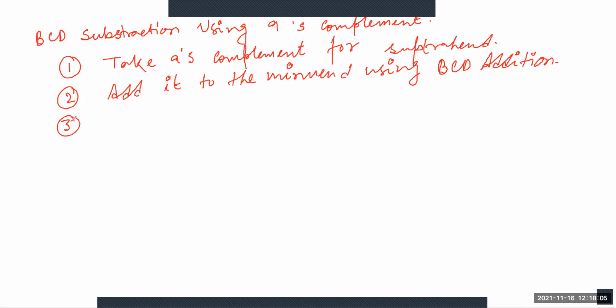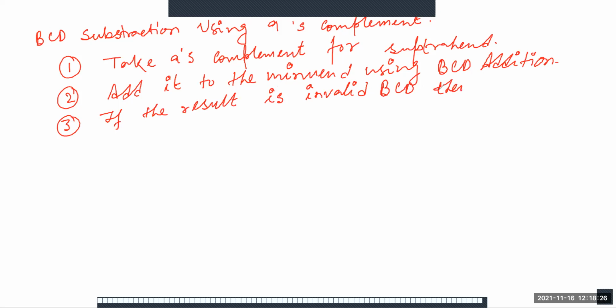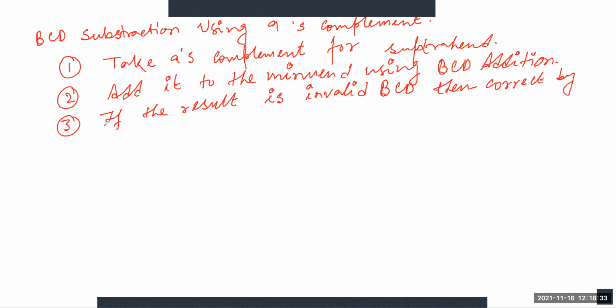Next point, if the result is invalid BCD, then correct it by adding 6.